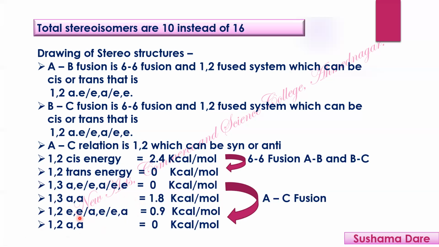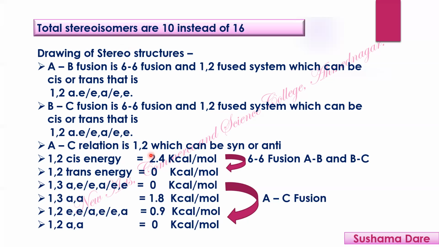If it is 1-2 EE, AE, or EA, you add 0.9 kilocalorie per mole. For 1-2 AA, the energy is 0. So these are the factors that we have to consider when we draw the stereo structure, and after that we have to find out the stereochemistry and the energy of the different stereoisomers.